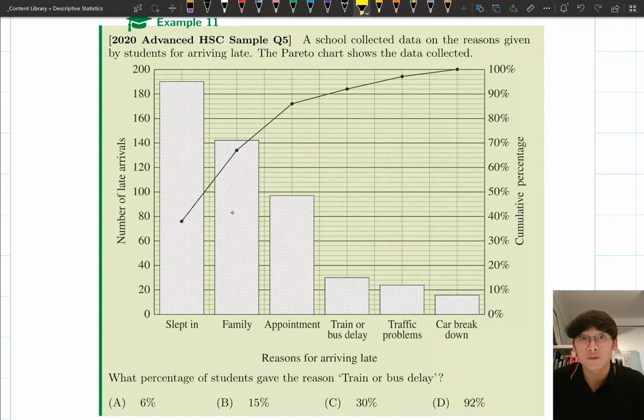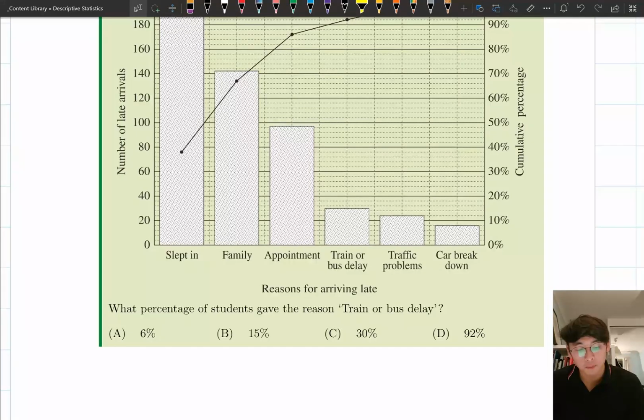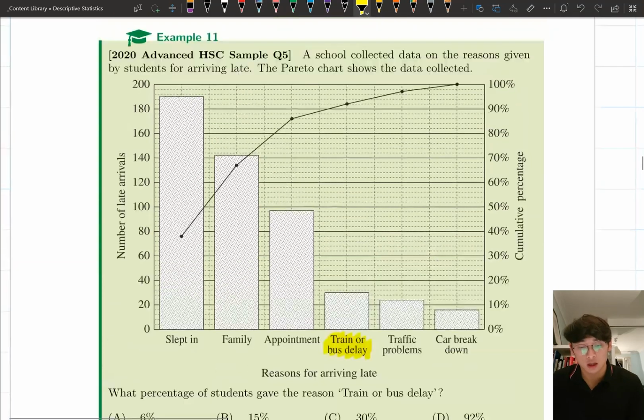We'll talk about this as we go through. The question is, what percentage of students gave the reason of train or bus delay? Here we're looking at train or bus delay being the reason for them being late. Now we want to find the percentage of students that gave this particular reason.